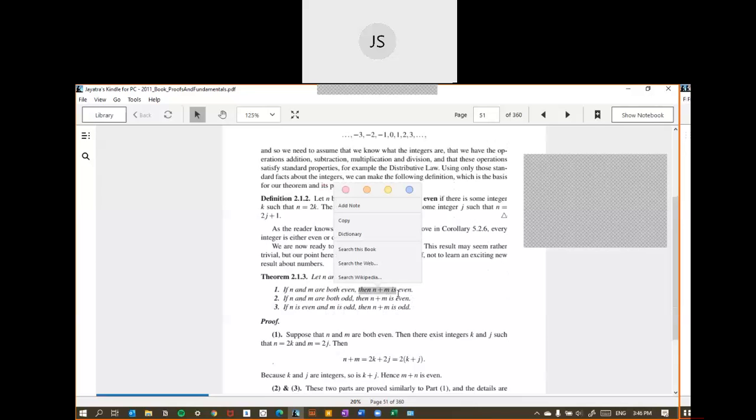And how can we do that? Let's look at an example. I will not do all three of these. I'll just do one of them so that you can understand.